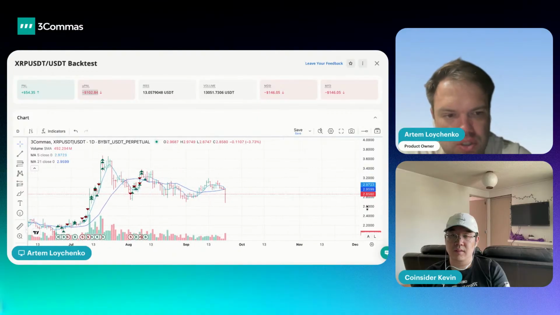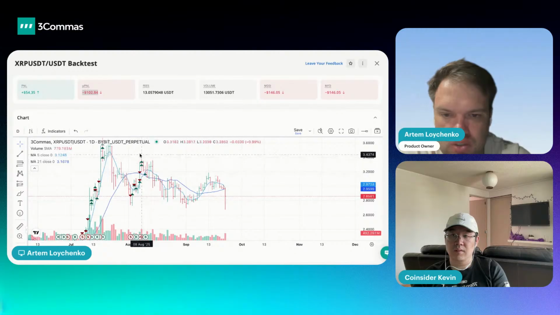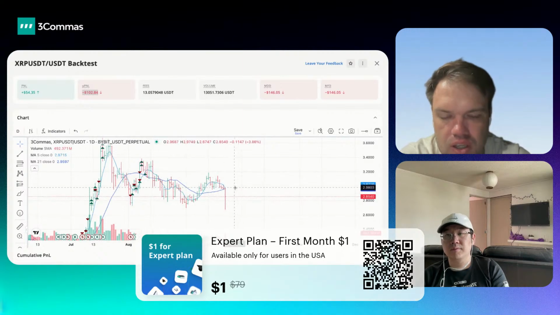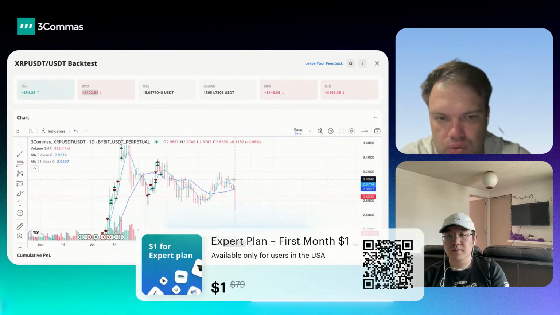So we tried this volatile setup here on XRP, and we see that we got into the trade on August 9, and we're still in the position, even though our take profit is in conditions. So today we would be out of the market.